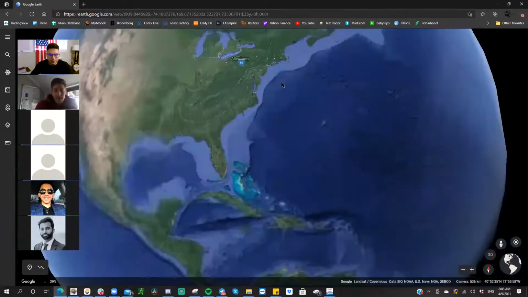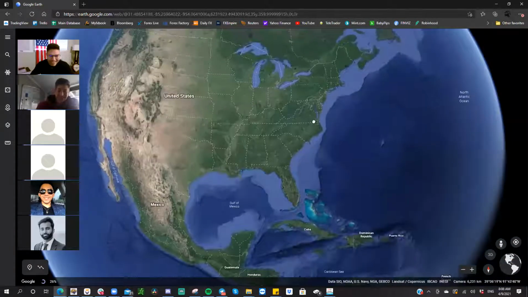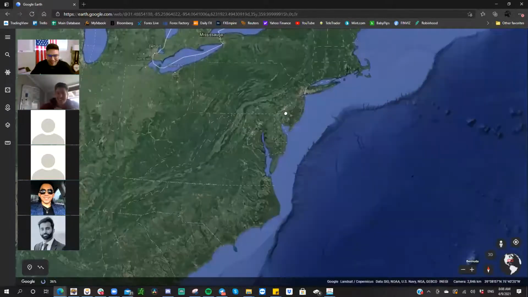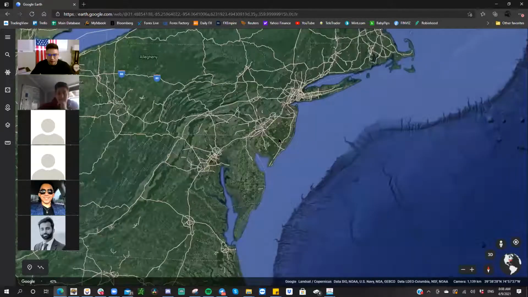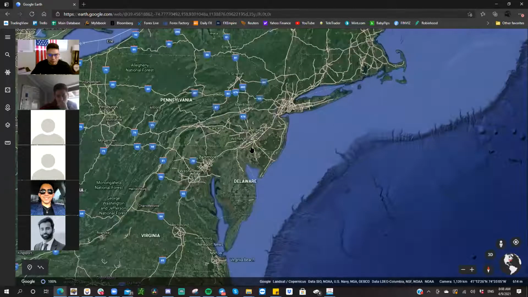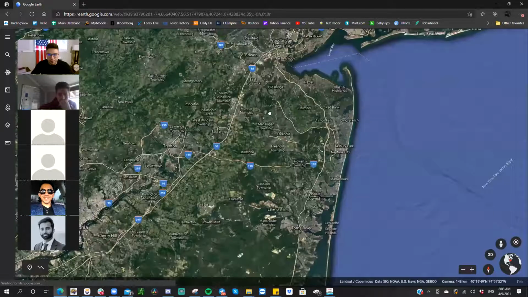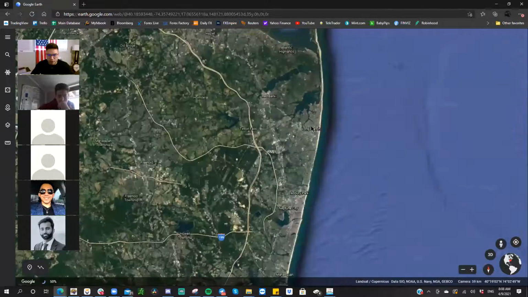So obviously, you guys that live in Europe and everything, this is the US. So this is New Jersey, where I live. This is one of the smallest states in America, but the most densely populated in the country. Right here is where I live. I live in Long Branch.